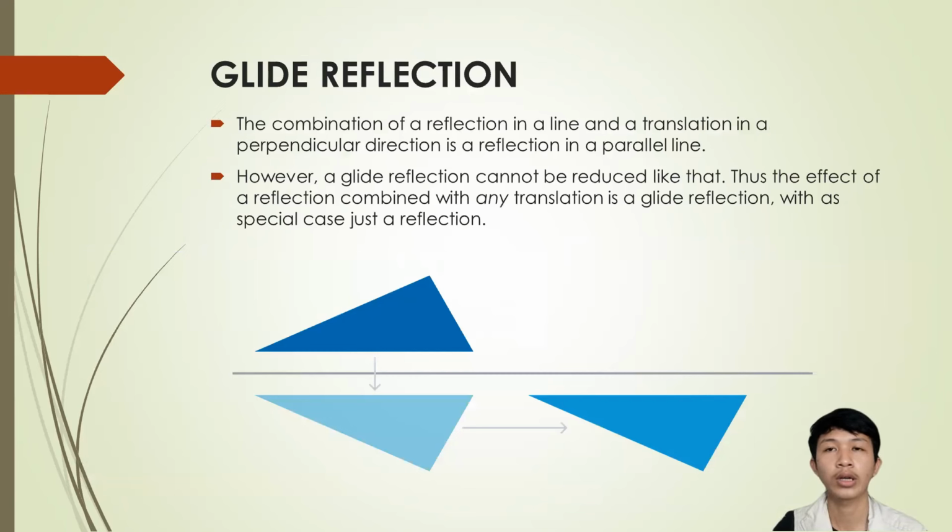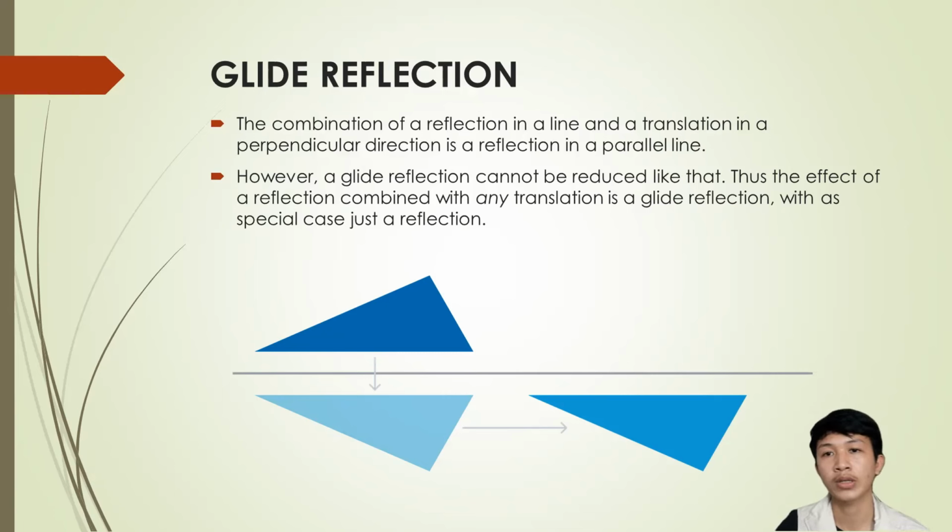So we will proceed on the glide reflection. A glide reflection is a combination of a reflection in a line and a translation. So the glide reflection is the combination of both translation and reflection. A perpendicular direction is a reflection in a parallel line.